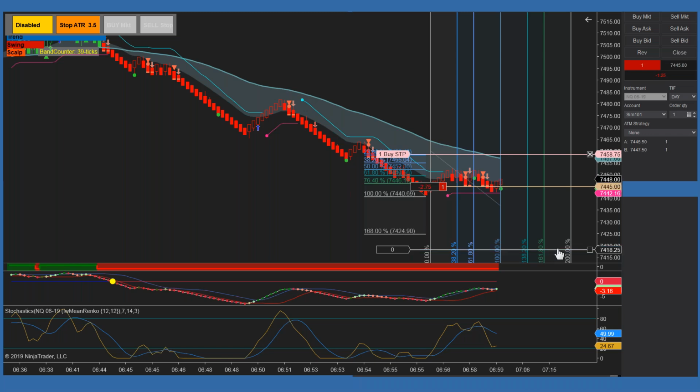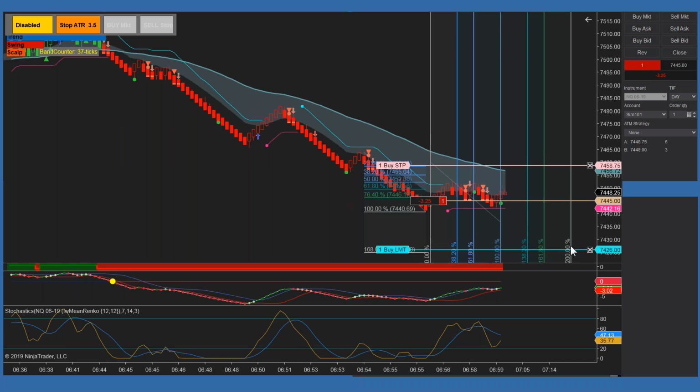Here's my time. Let's see if they get down to here. This is going to be my objective right here. So I'm going to go for the 200% level at the 168 point. Oh, look at me, I'm sounding like a regular Fibonacci trader.